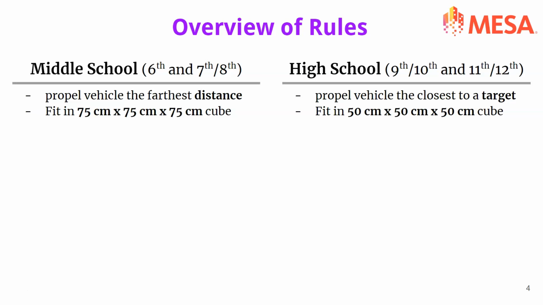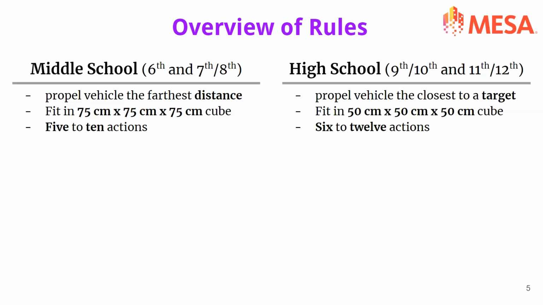In high school, however, the student will be required to put the Mesa machine within a 50 centimeter by 50 centimeter by 50 centimeter cube, which is roughly a little bit more than 1.5 feet by 1.5 feet by 1.5 feet.